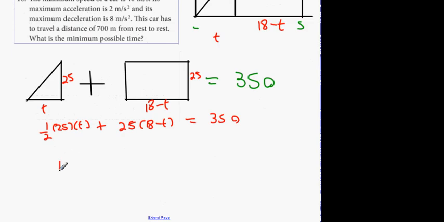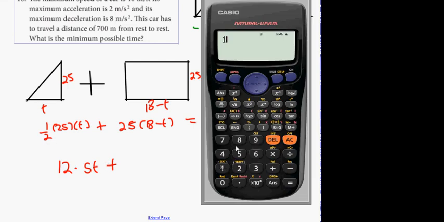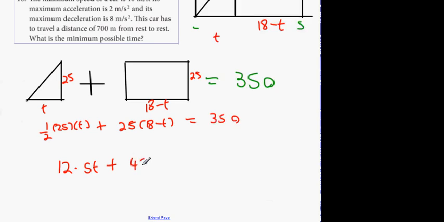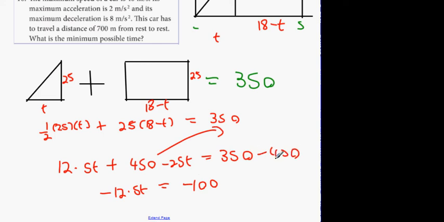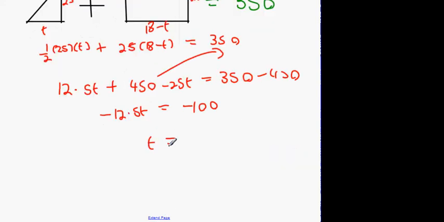Then we're going to get 12.5T. What's 25 times 18? 450. 450 minus 12.5T equals 350, so 12.5T equals 100 when you bring the 450 over the other side. And then finally T equals what? 8 seconds.